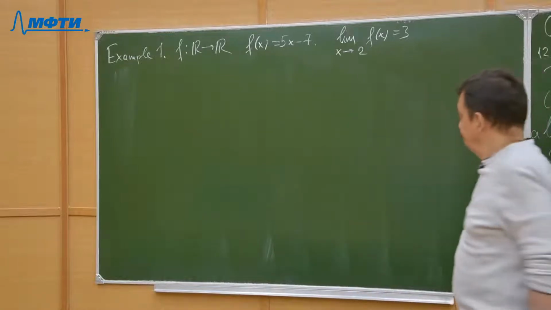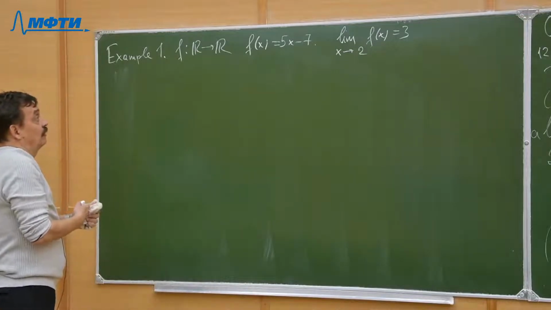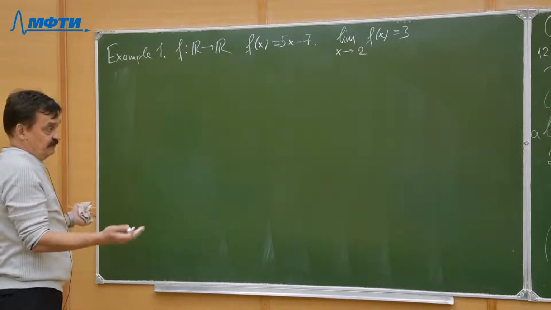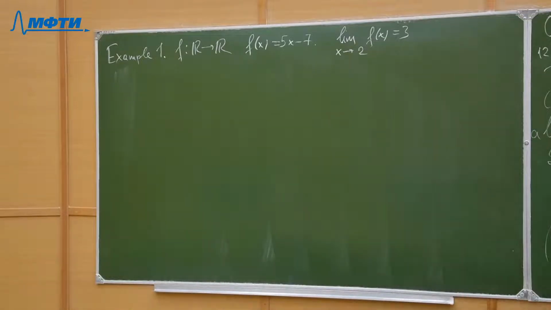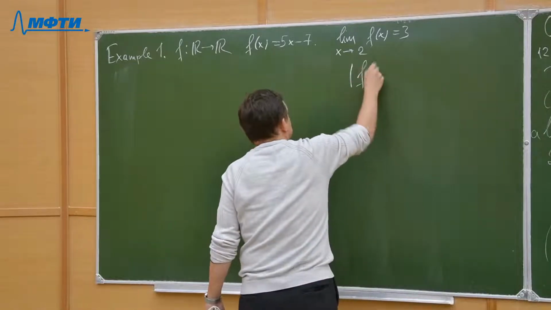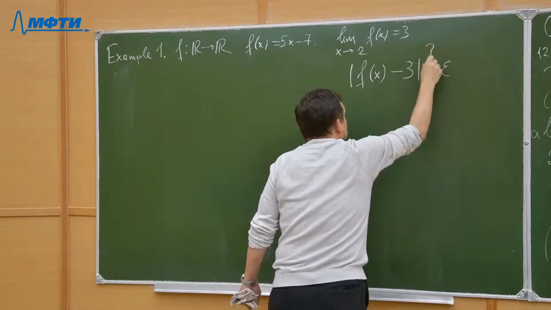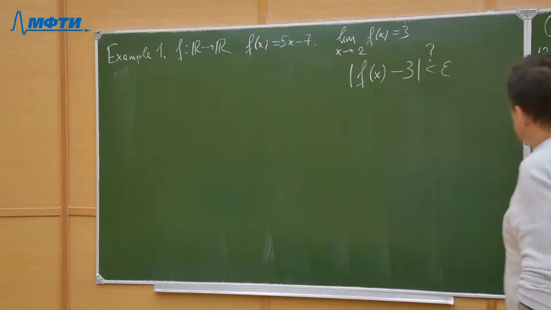So how to proceed? Just by definition, right? As we did for the limits of sequences, we start with the very end. Look at the last inequality. We want to find when this inequality is valid.